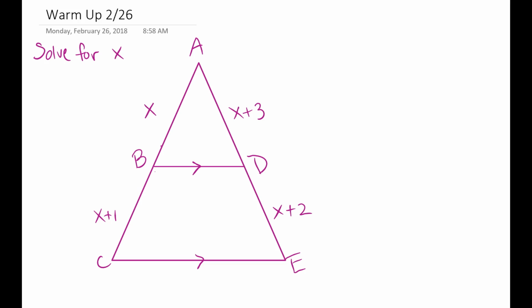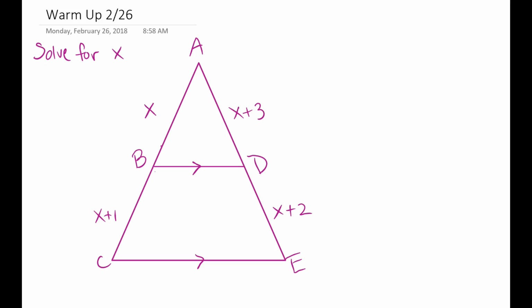So what do you know about this problem? Combine the side terms to get the new triangle. Why? Because it's two triangles. What do we know about the two triangles? How do we know the two triangles are similar?